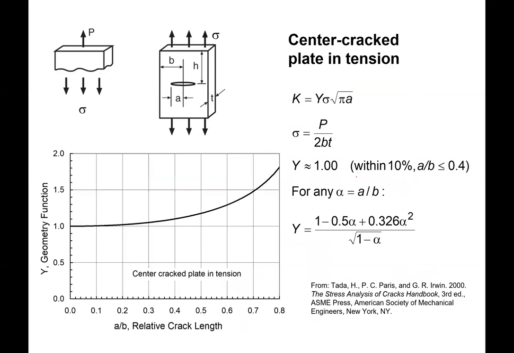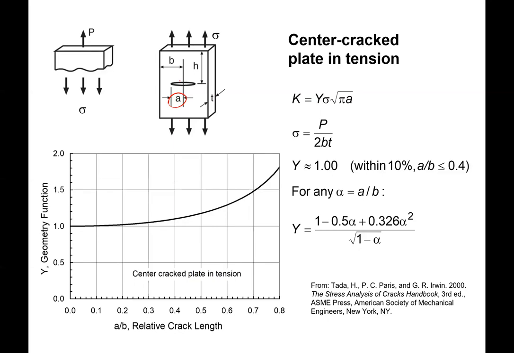All right, I've got 3 slides here for you that are basically for your reference when working on problems. They give you the geometry, for example, a center cracked plate in tension. They show you the definition of a here, that's the half length of the internal crack.